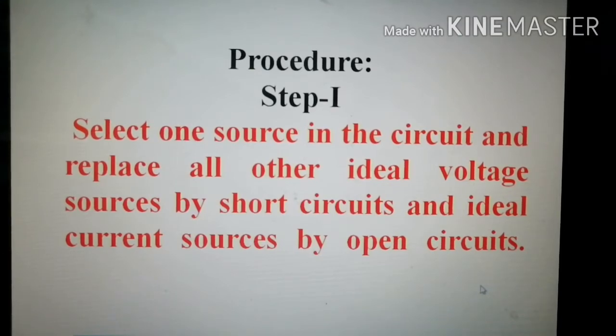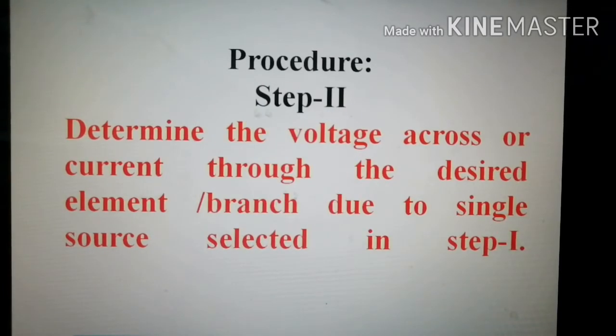The meaning is that we select one source at a time. Now the second step: determine the voltage across or current through the desired element or branch due to the single source selected in the first step.